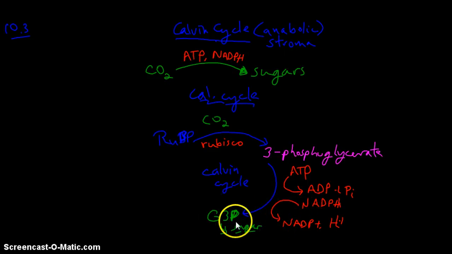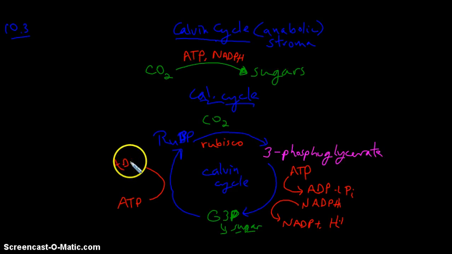Any assortment of organic molecules can be made. Now, what will continue to happen is some of the G3P molecules will continue on through the cycle, and again through the use of ATP get reorganized back into RUBP. So that is why this is referred to as a cycle.